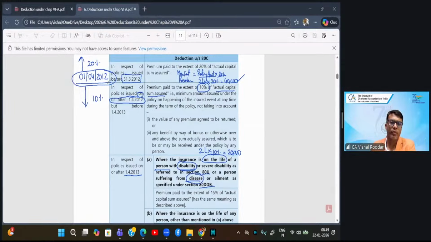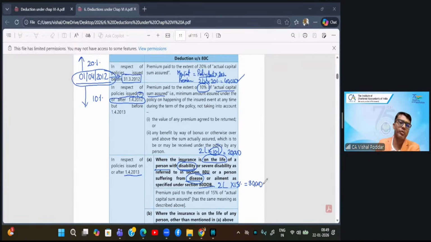Now, we just studied from 2012 onwards, the limit has become 10%. But in that, there is a small carve out. If the person is suffering from disability or disease, which are specified, then for such person's policy, the limit for deduction is 15%. So in the same case, the maximum deduction you can claim is 30,000.